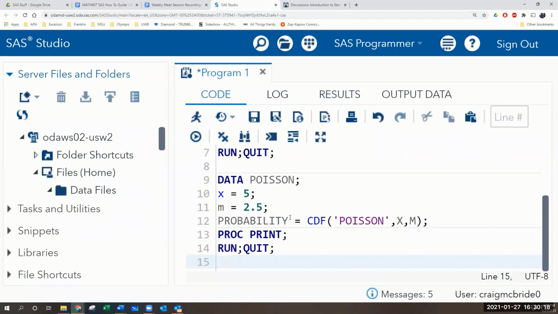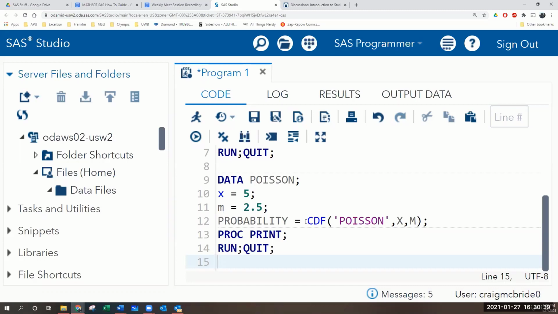To do the Poisson, we have to calculate the mean. Poisson wants a number and a mean, and the mean is 2.5, because that's our sample size of 2,500 times our success rate of 1 out of 1,000. Then they want the probability of greater than 5.